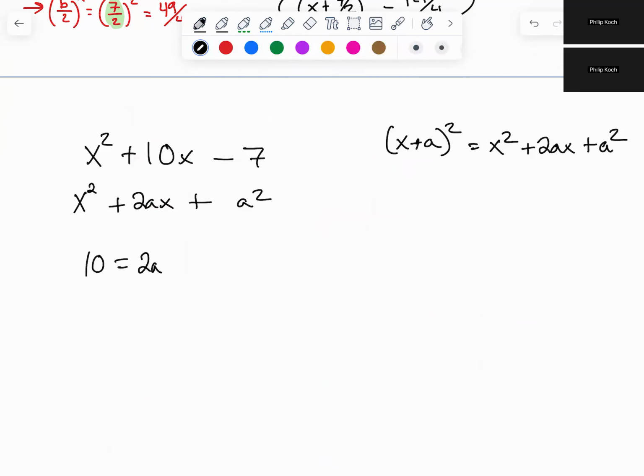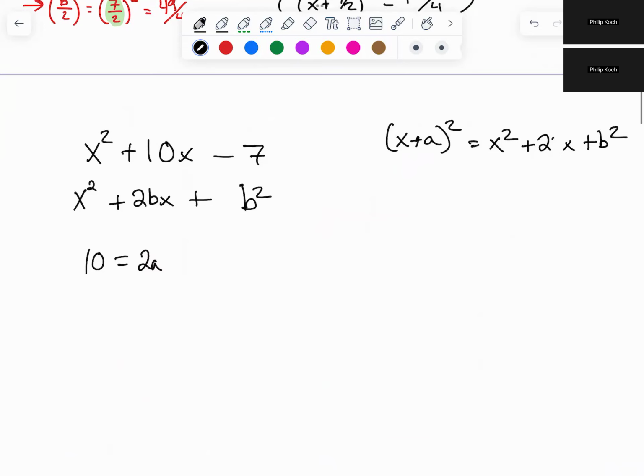That's the only way these two things could line up. I guess I used a and b, but in fact, let me just erase it again and make it look better. b squared. So 2b. No, that's not how I wanted to write it.